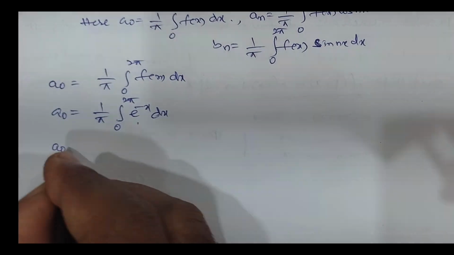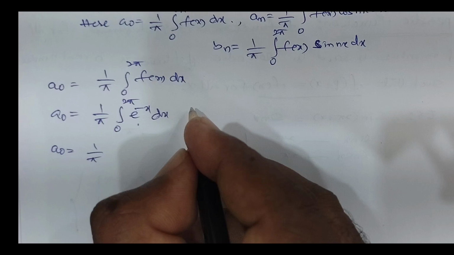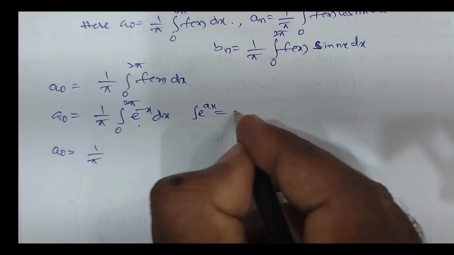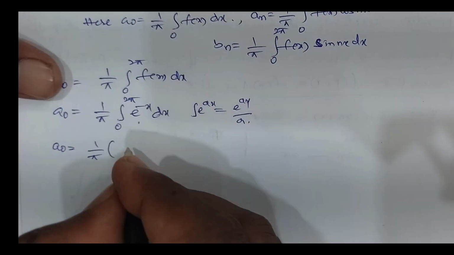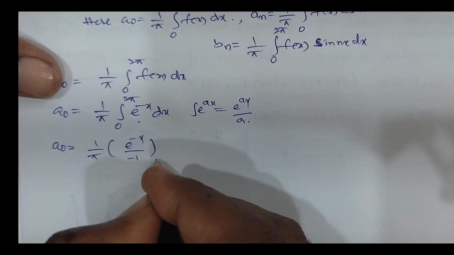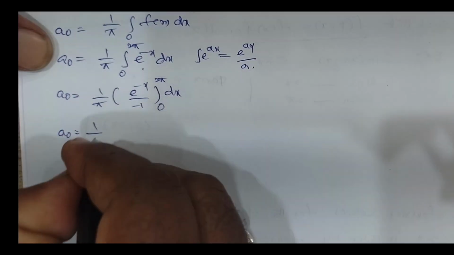Integration of e power ax is equal to e power ax by a. Therefore e power minus x by minus 1, limits are 0 to 2 pi.